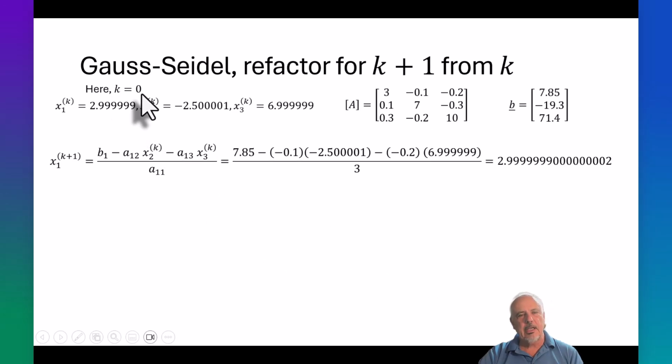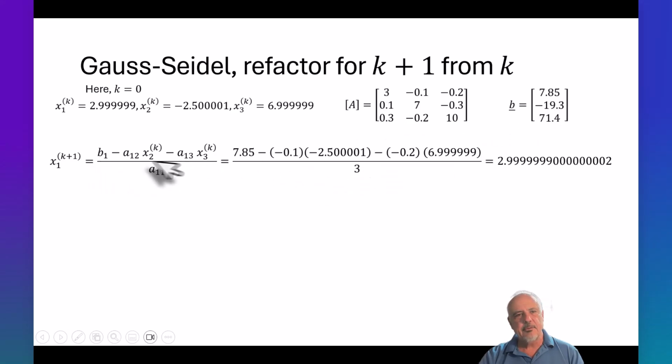So originally our k was 0. We started at 0, and we had those x1, x2, and x3 that were just a millionth off of the correct answer, which was 3, minus 2.5, and 7. And I want to know, what would Gauss-Seidel say would be the next x1? To do that, I bring in the values from our A matrix and our B. A11 is 3, so I've got that in the denominator.